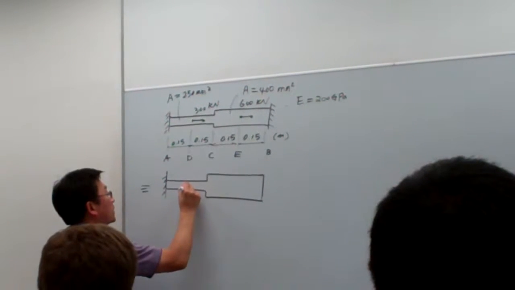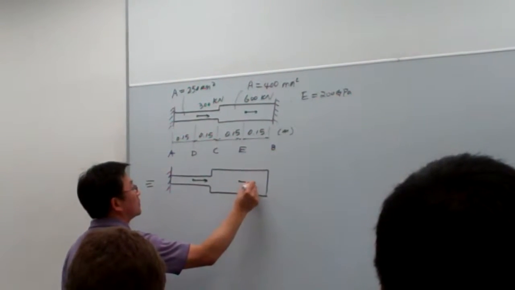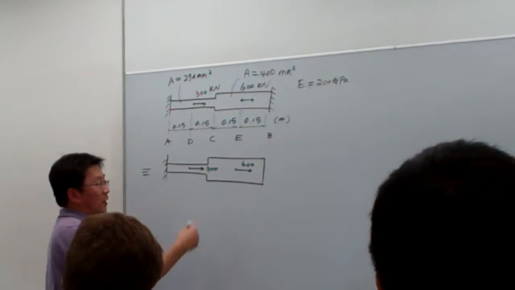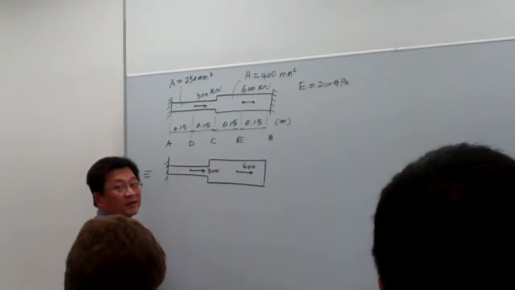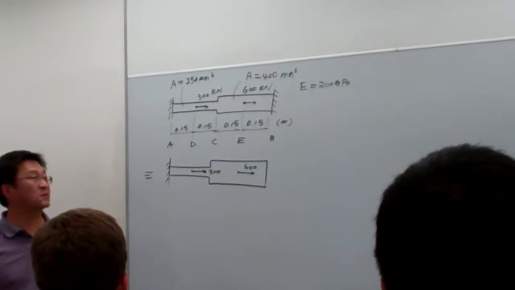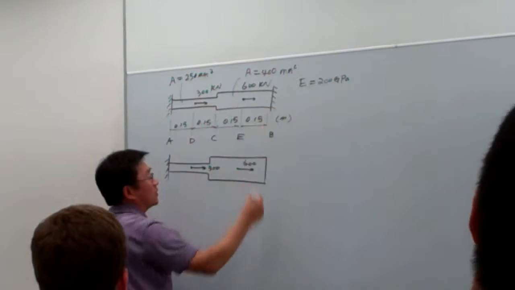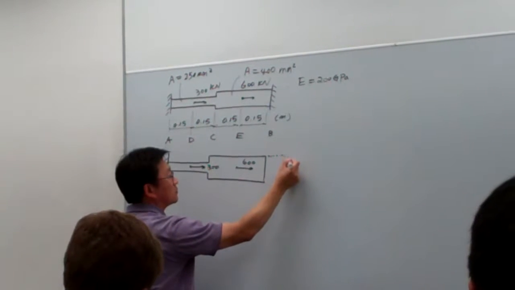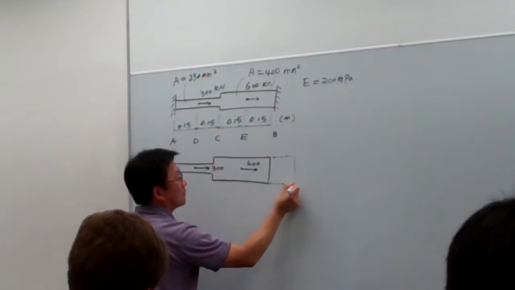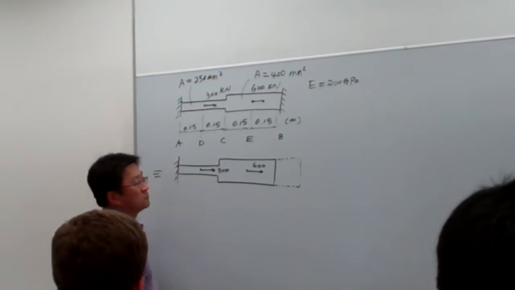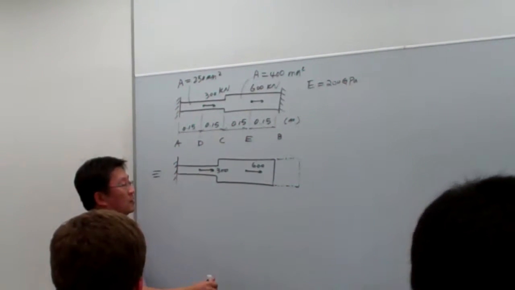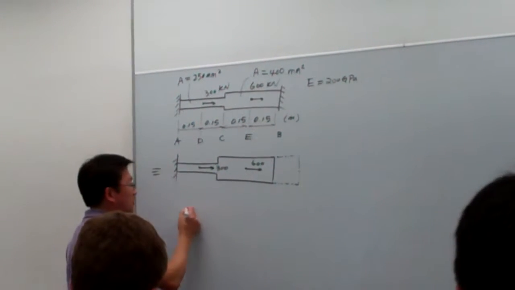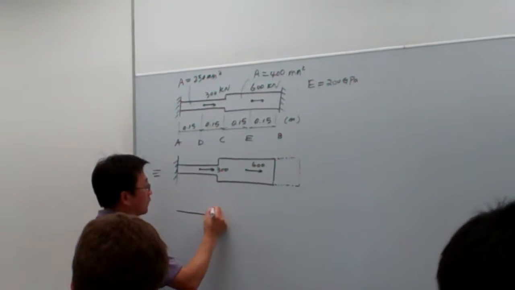And once this is loaded up by the force here and here, this is 300, this is 600. And if there would be no constraint on this side, and again, right now I'm showing the thinking process, if there would be no such constraint here, then this end would be free to move that much. However, the existence of this constraint will actually impose a reaction force to push back.